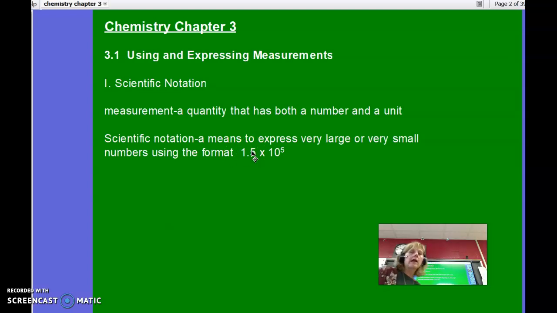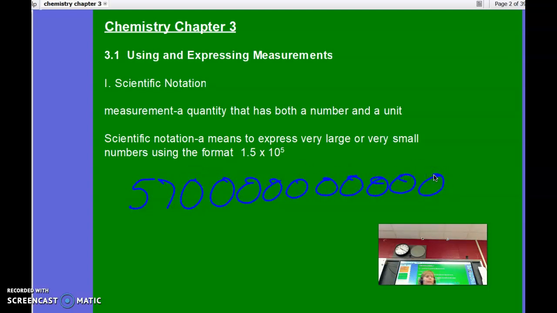So rather than write out all those digits, that takes up a lot of space and it's not very efficient, and we probably don't need all those zeros because we probably didn't measure every single bacteria in Dower Lake. So we're kind of saying, this many as an approximate number.